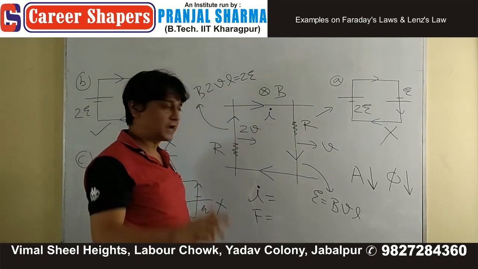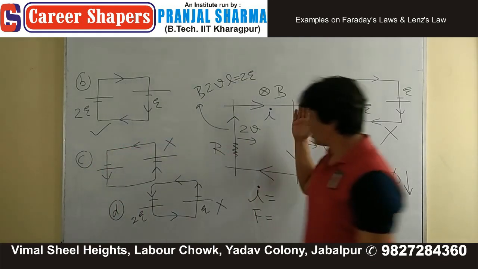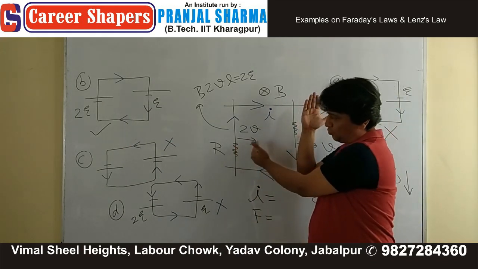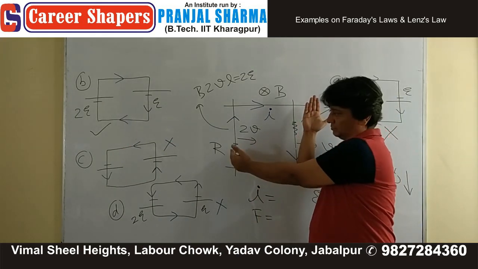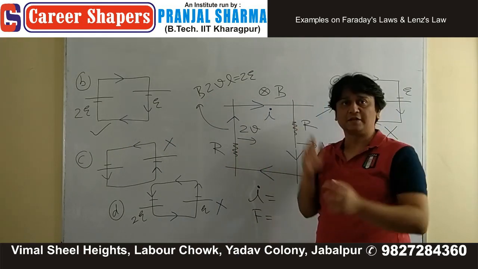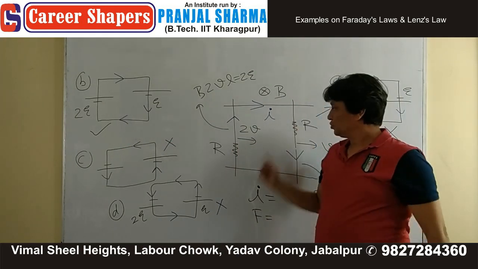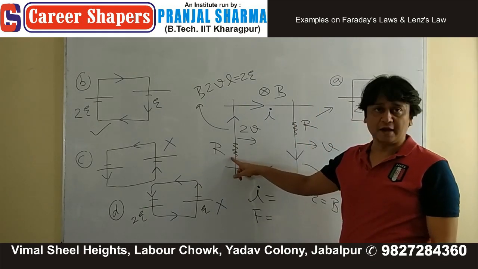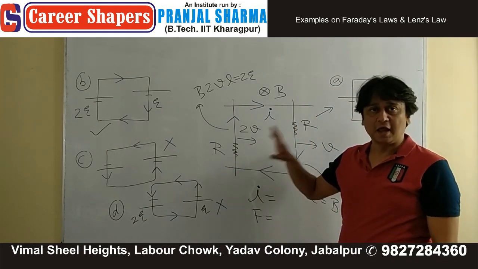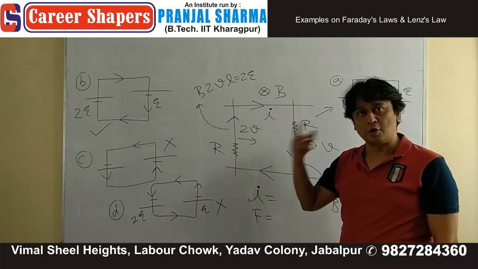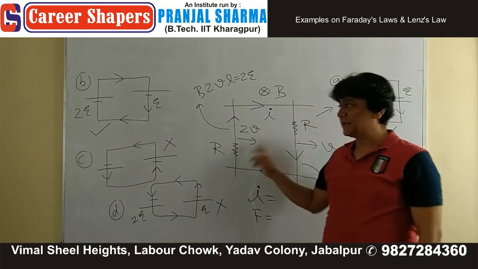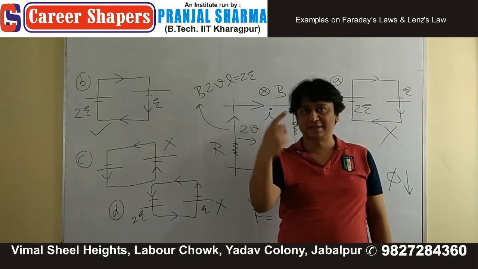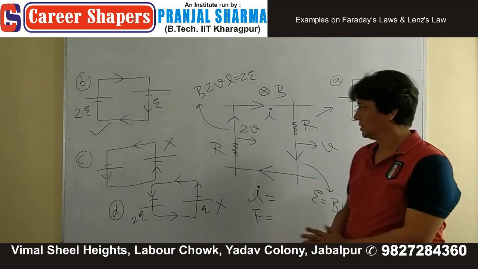But the second time, keep this rod at rest; as this rod moves in this direction, the area is decreasing. So for this, the area is increasing, for this the area is decreasing, and therefore their tendencies are to produce different senses of EMFs.